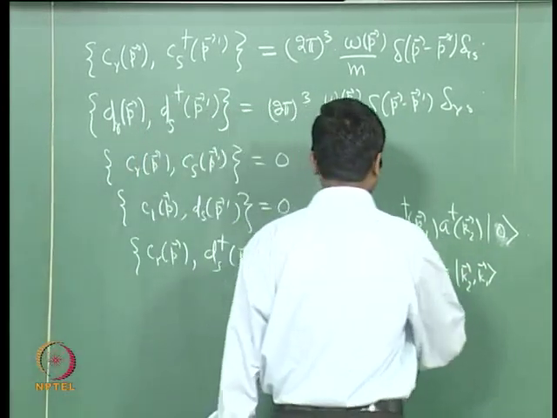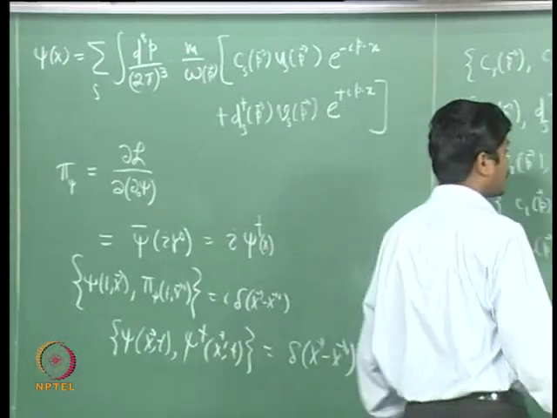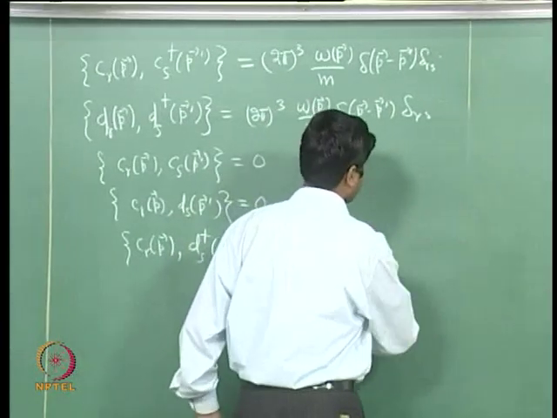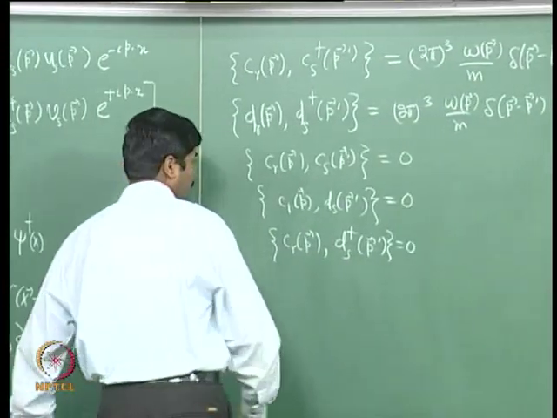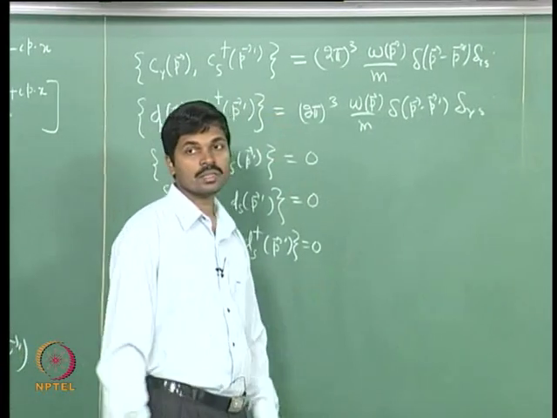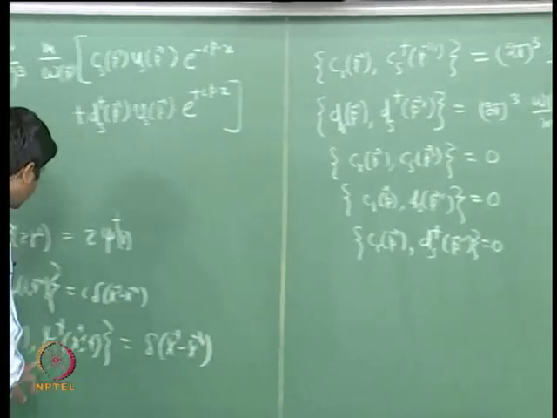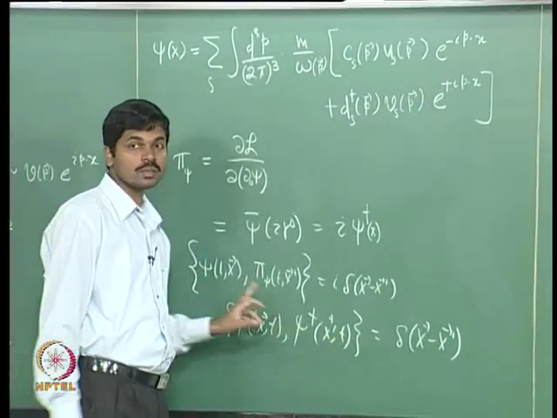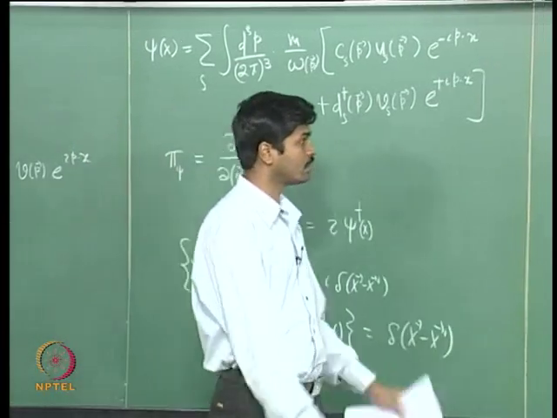What we would like to have is these particle-like states obeying Fermi-Dirac statistics, and hence you would think that these operators should obey some anti-commutation relations. That is the reason we start with an anti-commutation relation for the field and the corresponding conjugate momentum.